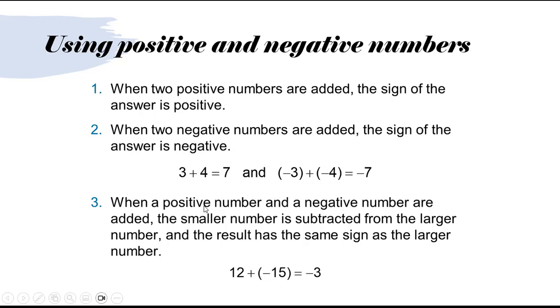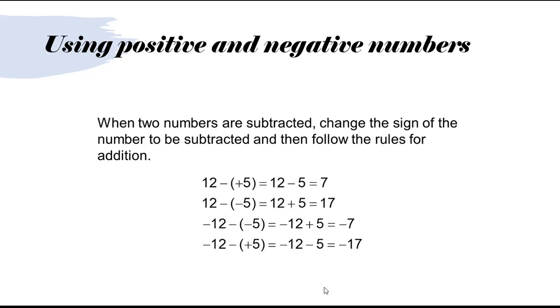When a positive number and a negative number are added, the smaller number is subtracted from the larger number, and the result has the same sign as the larger number. So for example, if we have positive 12 plus negative 15, then the answer is going to be negative 3, or 15 minus 12, which is 3, and since 15 is the larger number, then we have a negative 3. Okay?